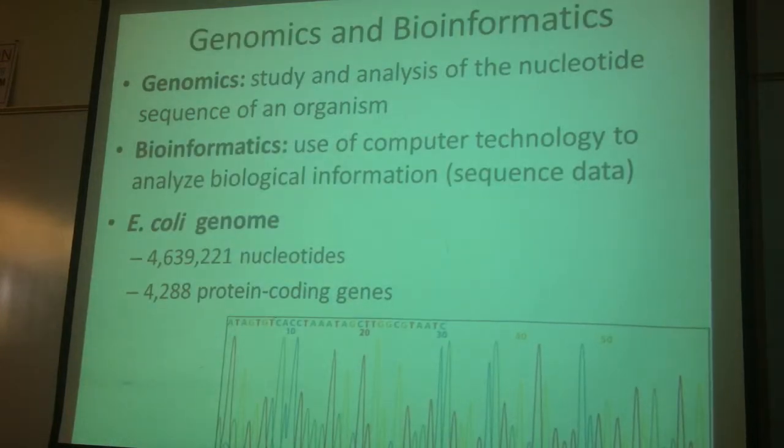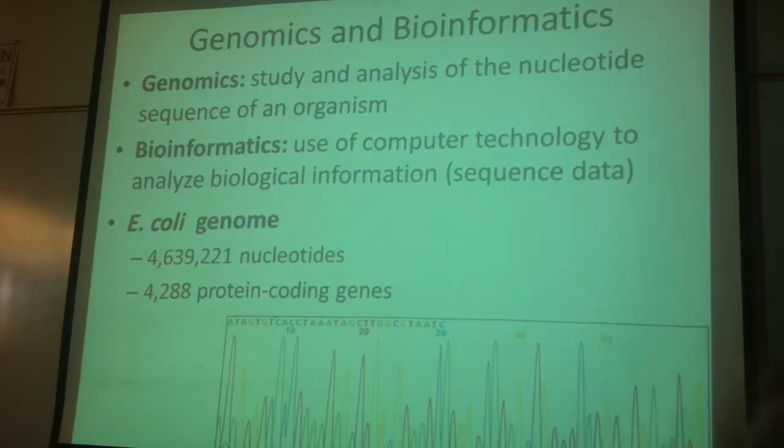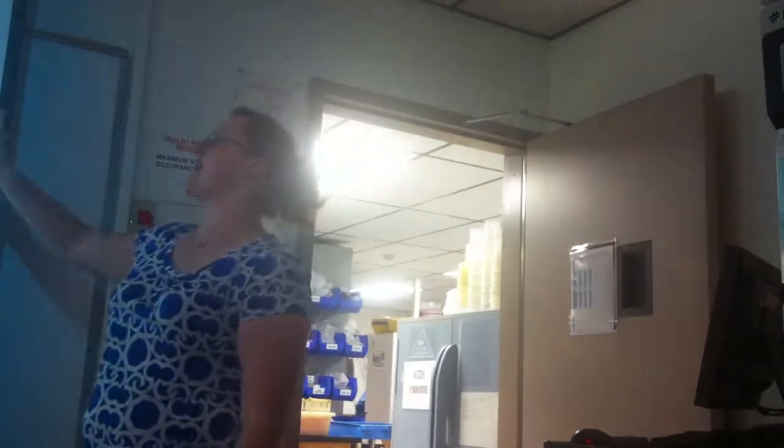Genomics, bioinformatics. So, genomics is the study and analysis of the nucleotide sequence of an organism, whereas bioinformatics is using the computer to do all of that, get all of the sequence data. And so, it is an amazing tool. There is so much on NCBI bioinformatics that you can use.